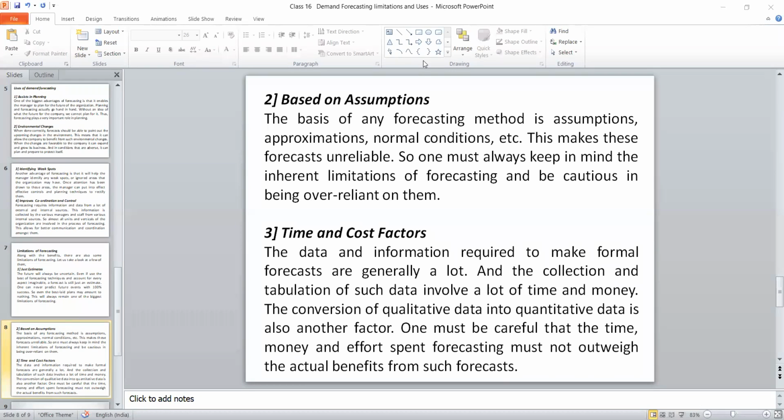The third factor to consider as a limitation or shortcoming is the cost factor as well as the time factor. The data and information required to make a formal forecast are generally a lot. Suppose we want to project the future sales based on 5 years of data. We can take 10 years of data or we can take only 2 years of data. So it depends upon the individual how much data should be used. Whether that data will be correct or not, we don't know. Most of the time, we take only secondary data.